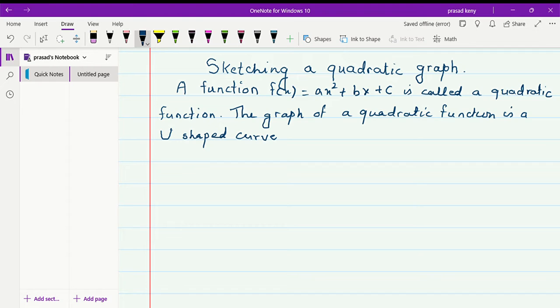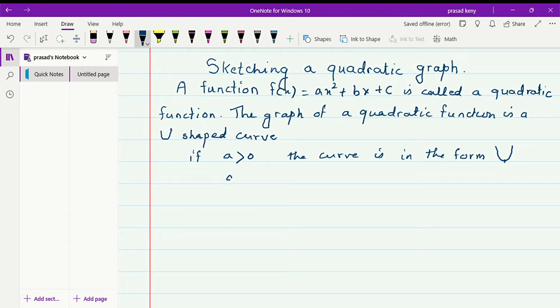If a is greater than 0, then this U-shaped curve is in the form of a U, the normal U that is opening upwards. So this curve will have a minimum point.